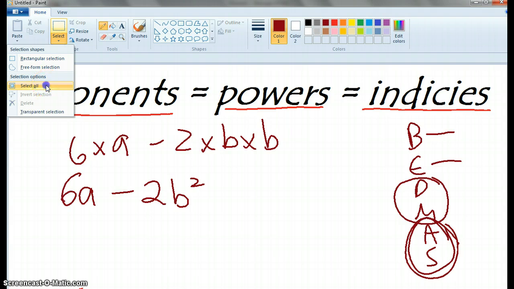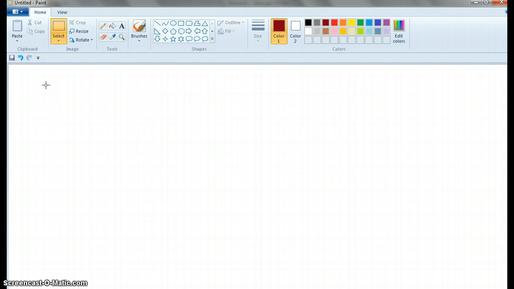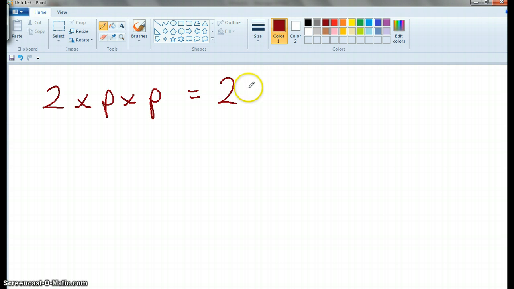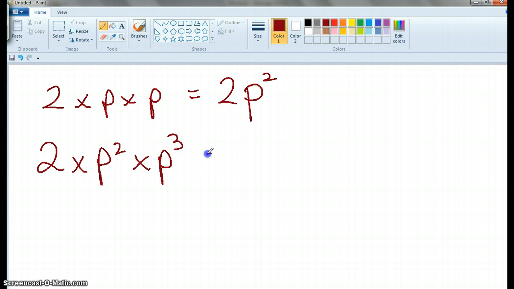Okay, I'll do a few more. So if we have 2 times p times p, can you simplify that? 2p squared. Okay. 2 times p squared times p cubed. 2p to the power of 5.